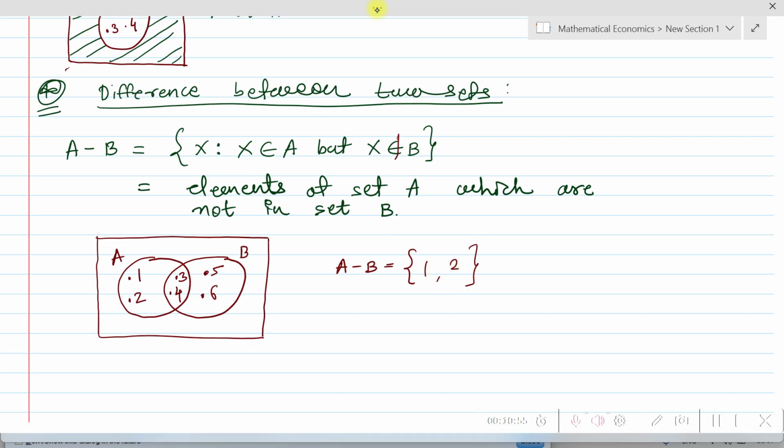So this shaded area is A minus B. That is A minus B. So this is the idea of Venn diagrams.